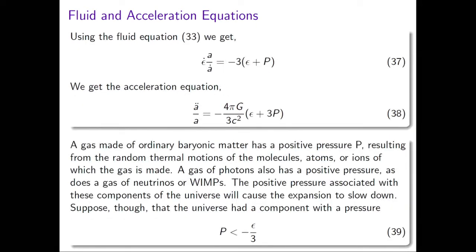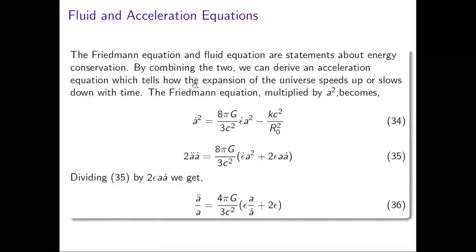So if we use the fluid equation and make this substitution, we get epsilon dot a by a dot is equal to minus 3 times epsilon plus P. This is the fluid equation, which is given in equation number 33.